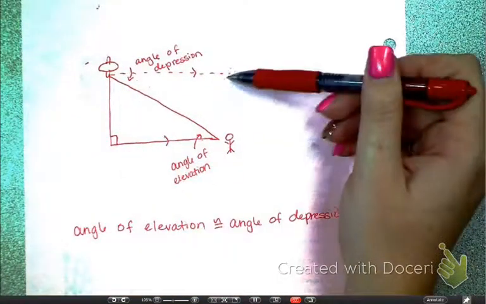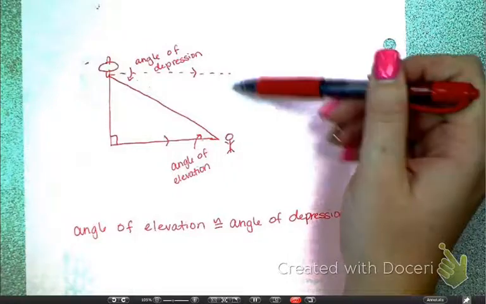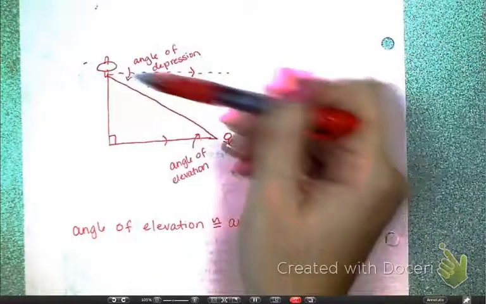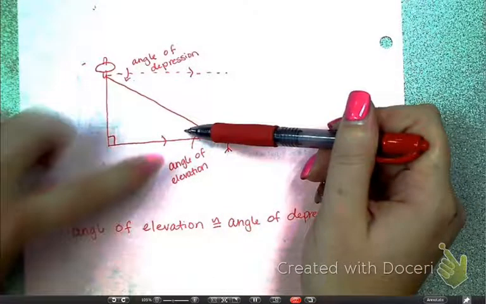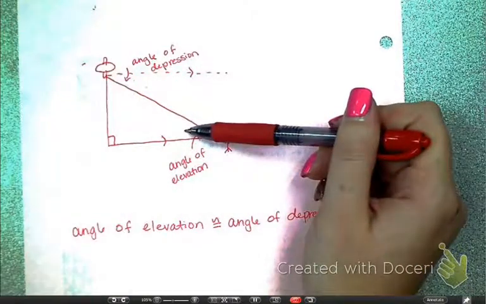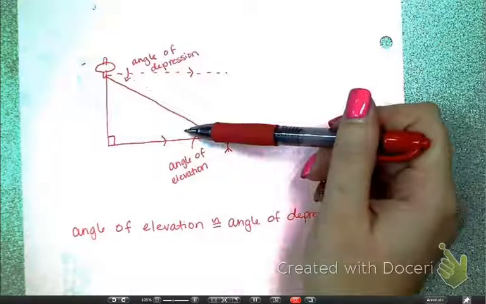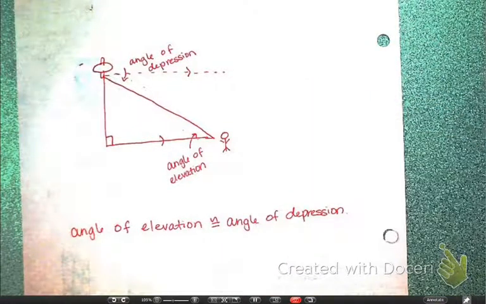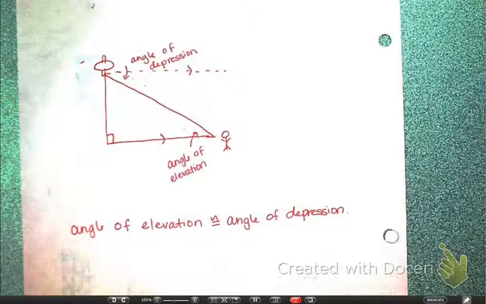Now I can either create another triangle to give me side lengths that I need, or if I know these are going to be the same, I'm going to put my angle here and use the information for my side lengths. And you'll see problems like that. But just know if you have an angle of depression and an angle of elevation, they are the exact same. They're going to be congruent to each other. Okay? All right, so let's go back here.